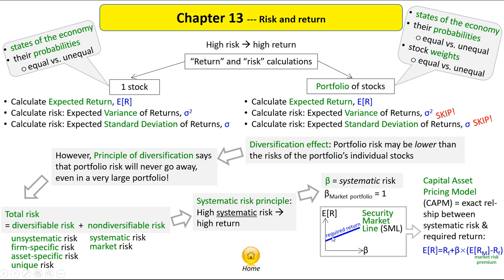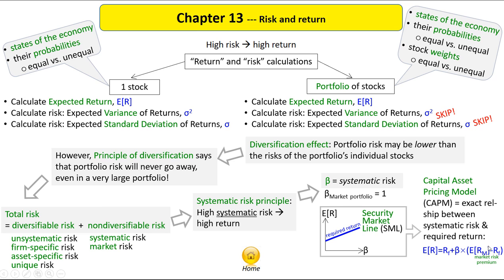And graphically, that's an upward sloping line called the security market line. The formula for the security market line is expected return, E[R], equals R_F, the risk-free rate or the treasury bill rate, plus the stock's beta multiplied by (E[R_M], the expected return on the market portfolio, minus R_F, the risk-free rate or the treasury bill rate again).